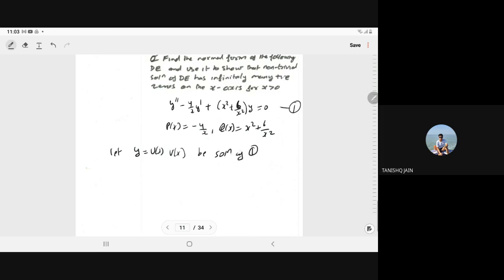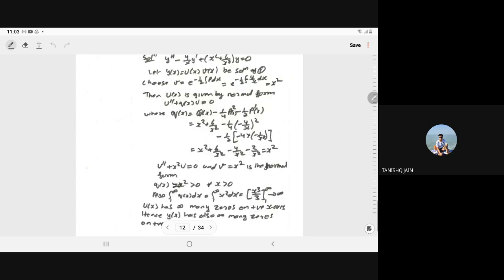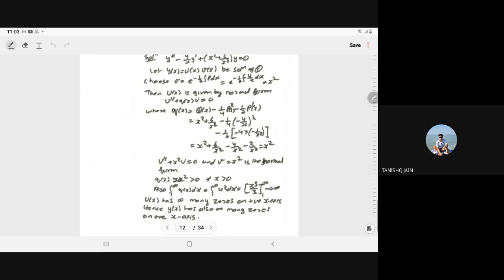For v, we have e to the power minus half integral p dx, and p is minus 4 upon x.